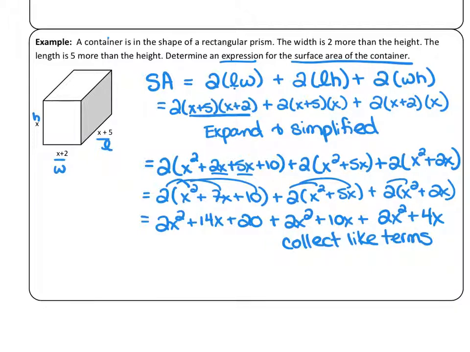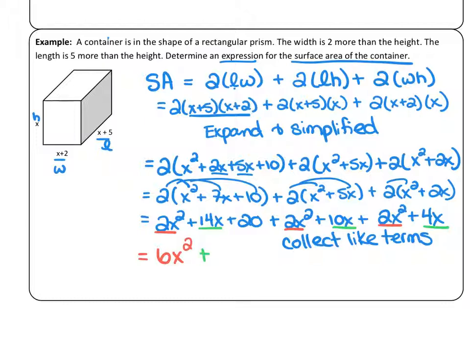I'm going to show you them in a different color. So the x squareds, I'm going to deal with them first. And we have 3 of them, and they all say 2x squared. So 2x squared plus 2x squared plus 2x squared gives us 6x squared. Then I'm going to collect the x's. We have a 14x plus a 10x plus a 4x.